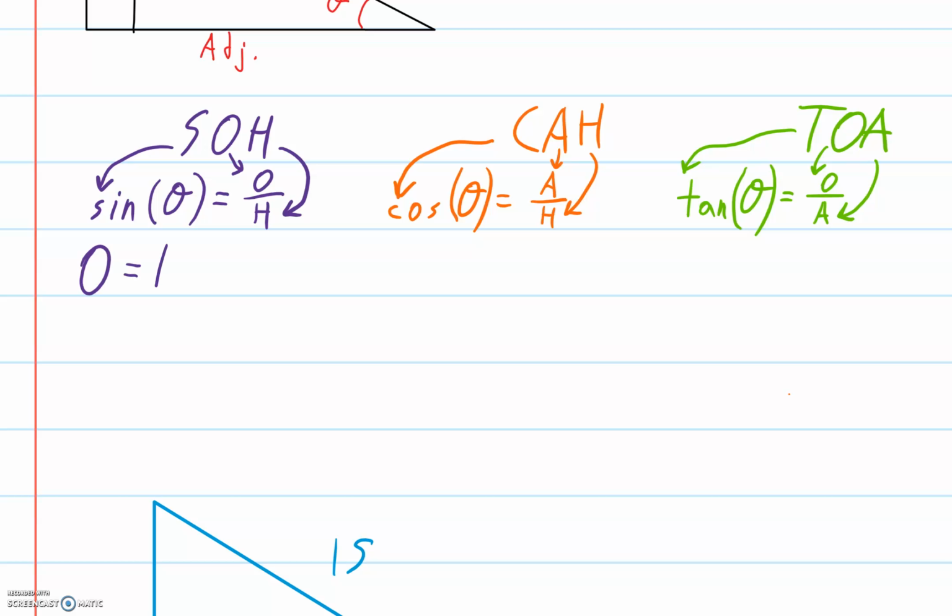It was dividing, so now it's multiplying, and that's how we get O. Next, if we divide out the sine theta, we get that H is equal to opposite divided by sine theta.